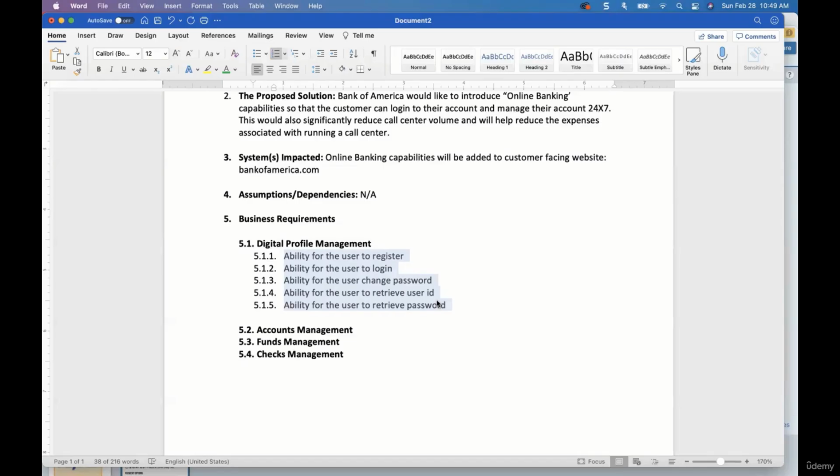Or you know what, a good idea is, rather than saying capability, we can replace capability with functionality. Every business requirement will identify a functionality that can be done in the system.